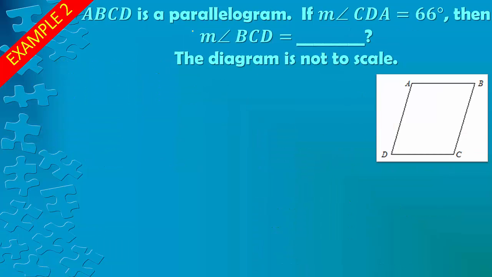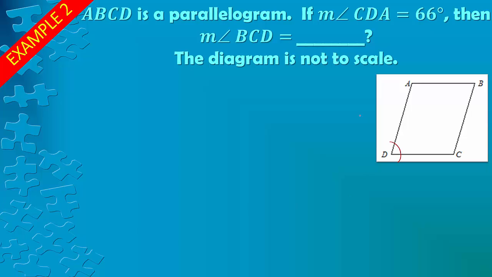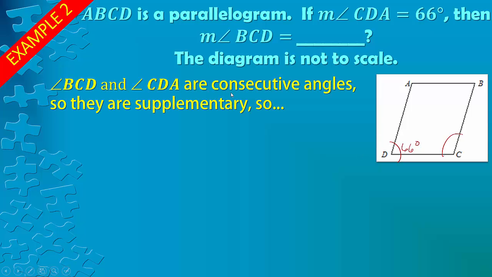Alright, so now we know that ABCD is a parallelogram. If CDA, so that is this angle right here, is 66 degrees, then the measure of BCD, so this angle here, is what? Again, diagram might not be to scale. So angle BCD and angle CDA are consecutive angles.